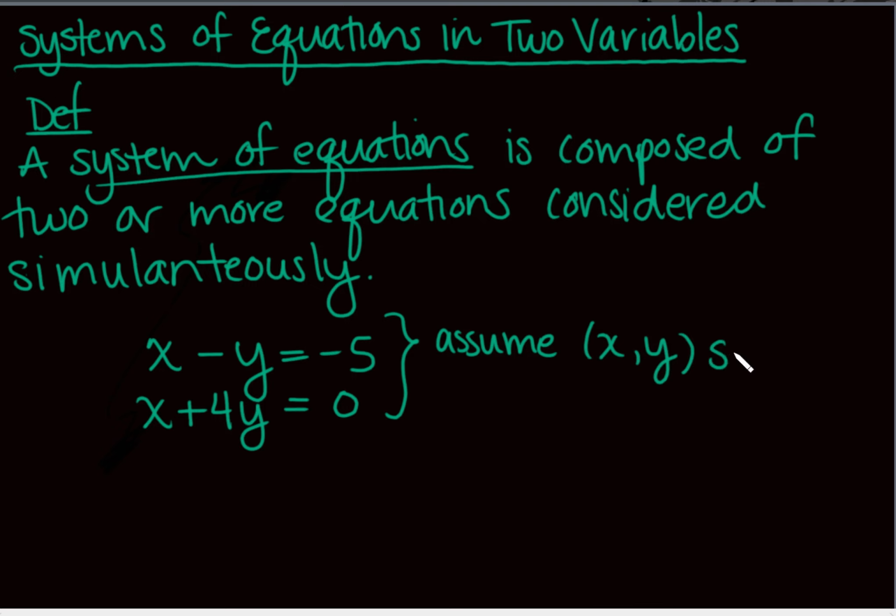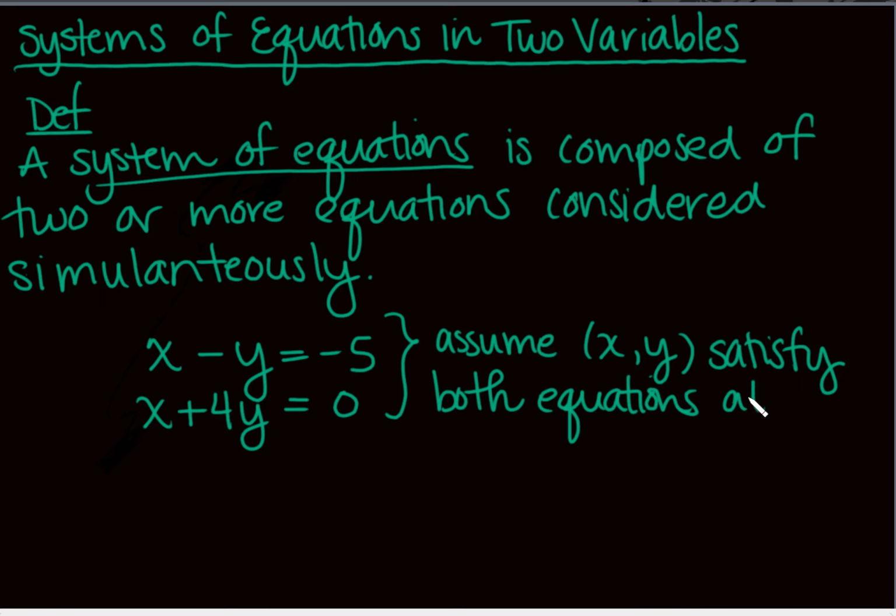Assume that x and y are solutions that satisfy both equations at the same time. So that's what they mean by simultaneously. We want my x and y to satisfy both of them. If I find an x and y that is a solution to the first equation, but it's not a solution to the second, then I can't say it's a solution to this system, okay?